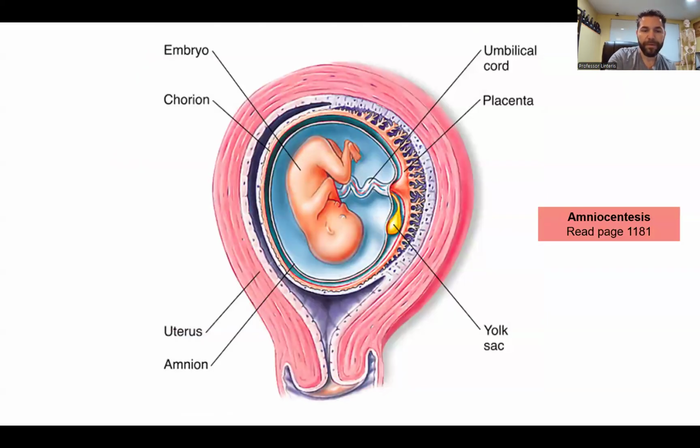right? Here you have, and it's just jumping ahead a little bit, you can see the umbilical cord. You can still see the presence of that yolk sac, but proportionally it's much, much smaller. And here you can see that chorion that we mentioned.